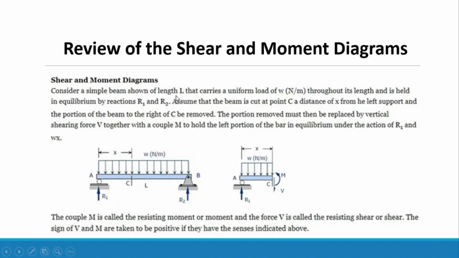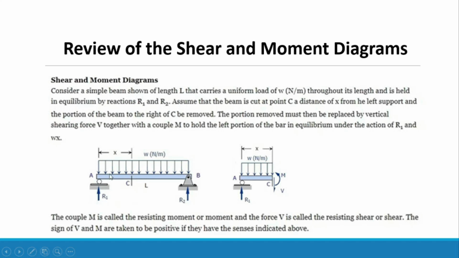Consider a simple beam shown of length L. From point A to point B is a distance L that carries a uniform load of W, which is in Newton per meter. From A to B, we have a uniform load of W throughout its length and is held in equilibrium by reactions R1 and R2.